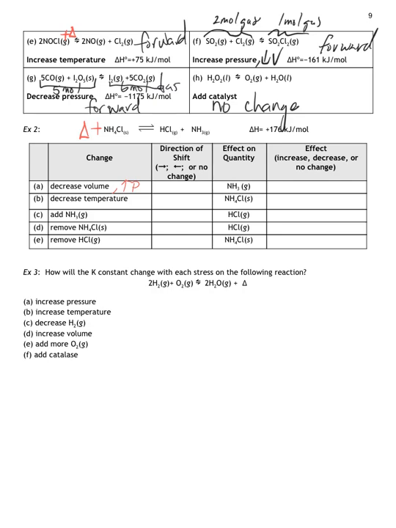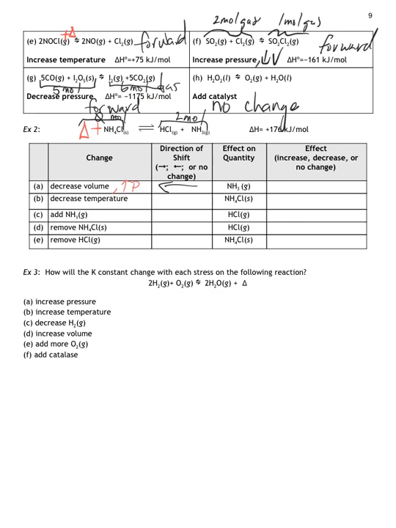So I'm going to have to count my moles of gases. Once again, I see 2 moles of gases on the product side, and then I see 0 moles of gases on the reactant side. So in order to decrease pressure, I'm going to move in this direction, the reverse.